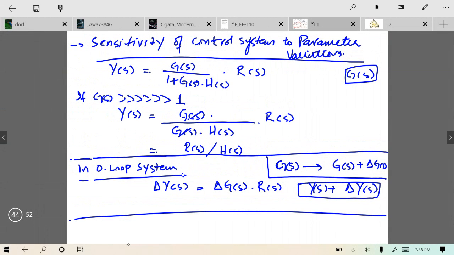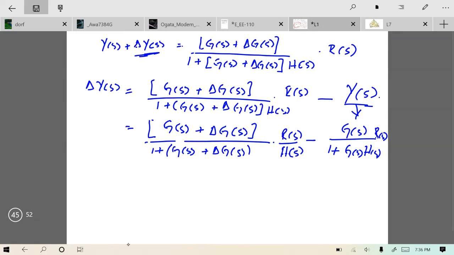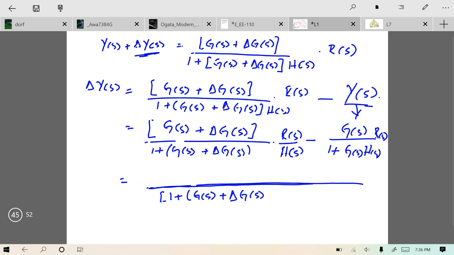So taking LCM, this would be 1 plus g of s plus delta g of s into h of s, to 1 plus g h of s.